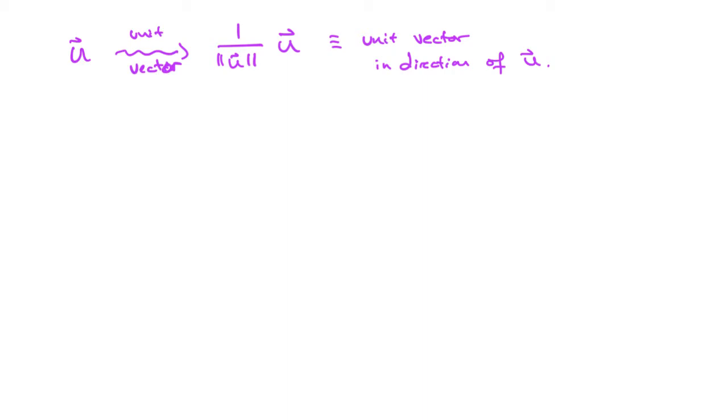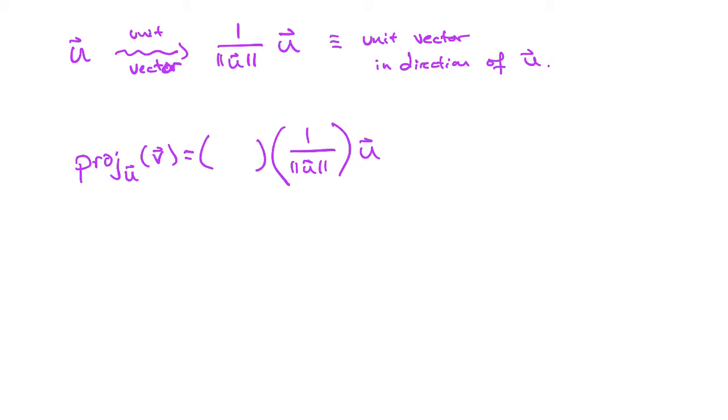Our projection onto u of v is just this unit vector, 1 over the length of u times u, scaled up by our desired length.